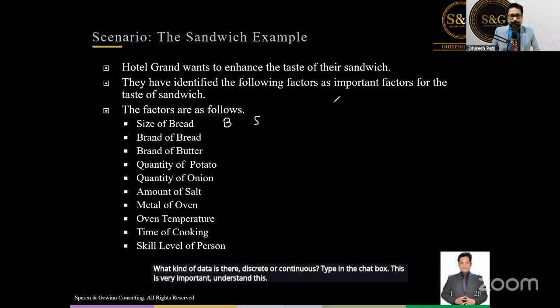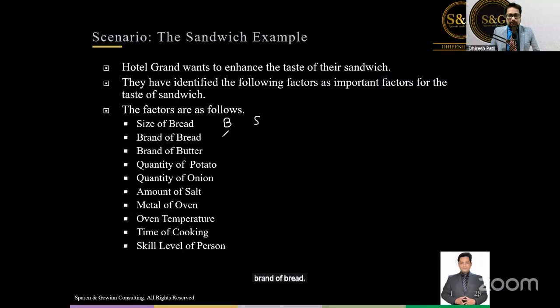Understand this. Brand of bread: it is Wibs and Britannia. Is it discrete or continuous? Brand of butter: Amul and, let's say, Mother's Dairy.